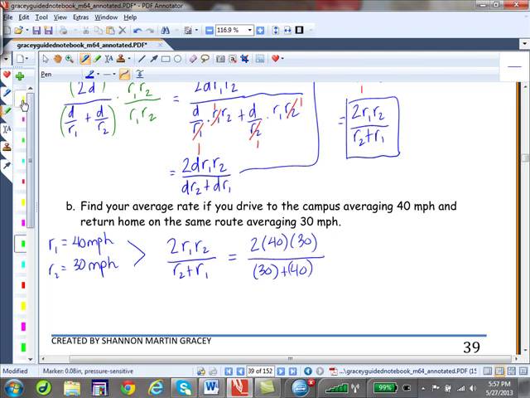So I just substituted in wherever I saw an R1, I put 40, and wherever I saw an R2, I put 30, because that was what the problem said.